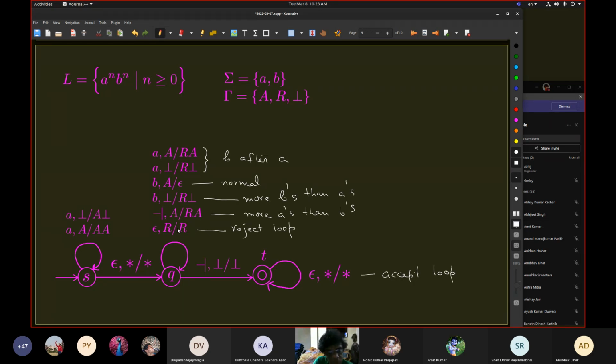What? This second bottom marker, sir. No, don't call it second bottom one. This is end of input. Yes, sir. Sorry, end of input. And the stack top is R. Yes. We do not see a transition, but there is a way out. Do not consume it.